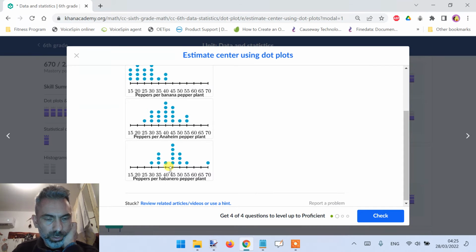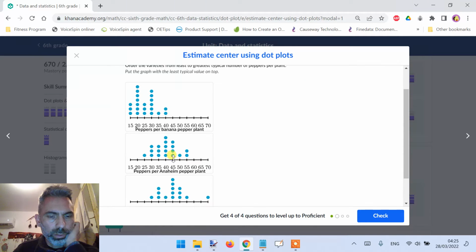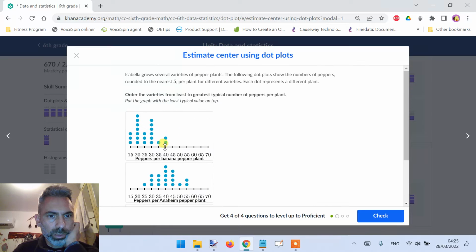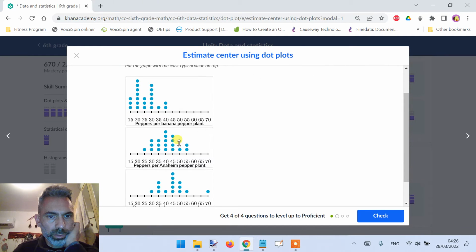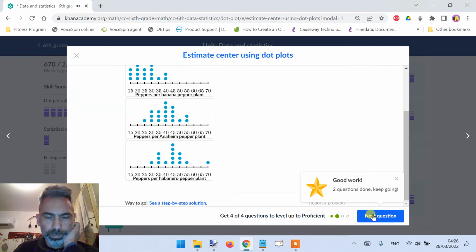So I guess this dot plot has a median that is higher than this dot plot. So I think this is the order from least to greatest. This is the least, this is in the middle, and this is the greatest.